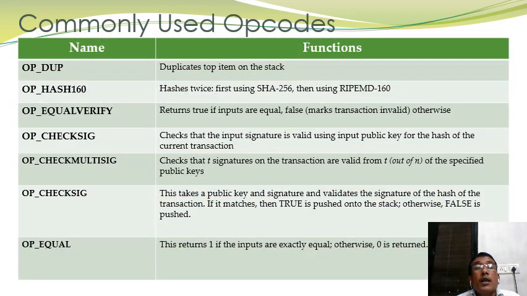So we will see some commonly used opcodes. There are a number of opcodes, and it is not possible to go through all of them; that is beyond the scope of the syllabus. We just have to take some examples. In fact, we have only one topic, the script language, and we have to take the introduction.